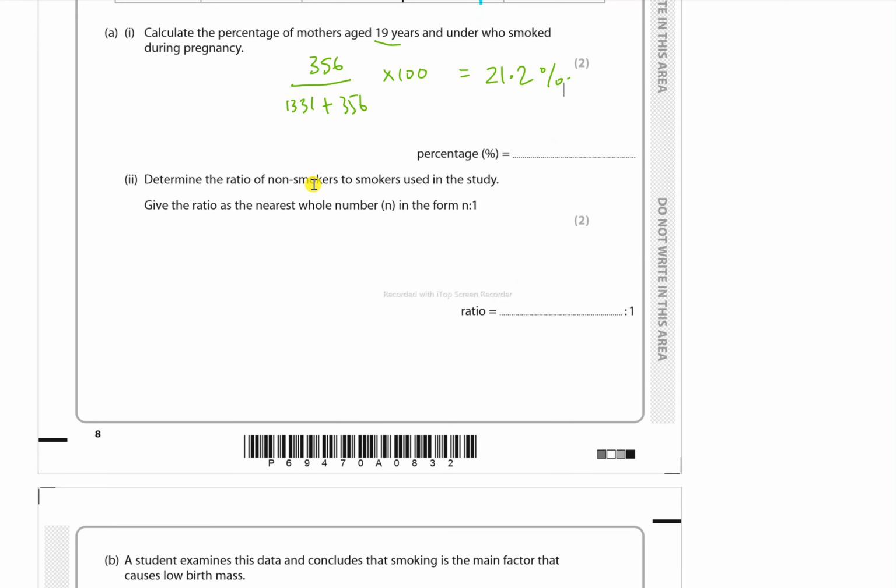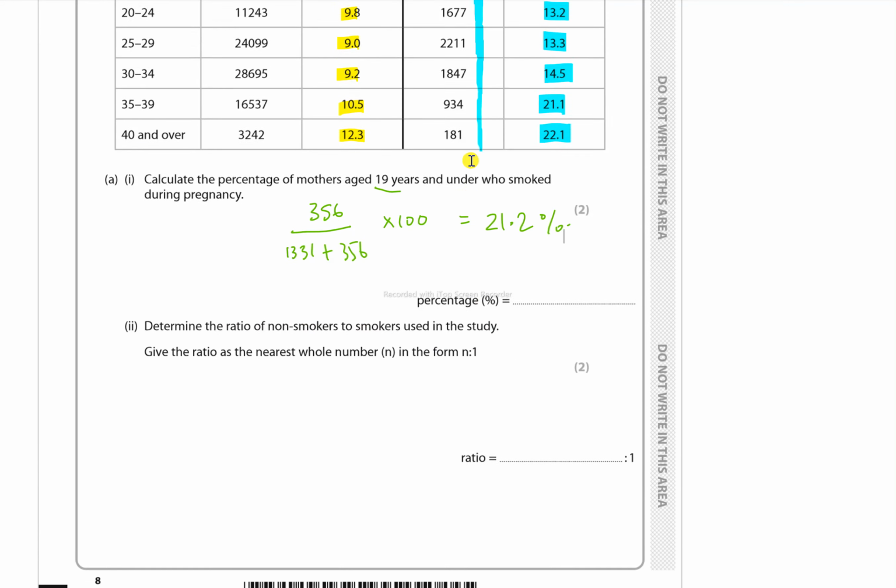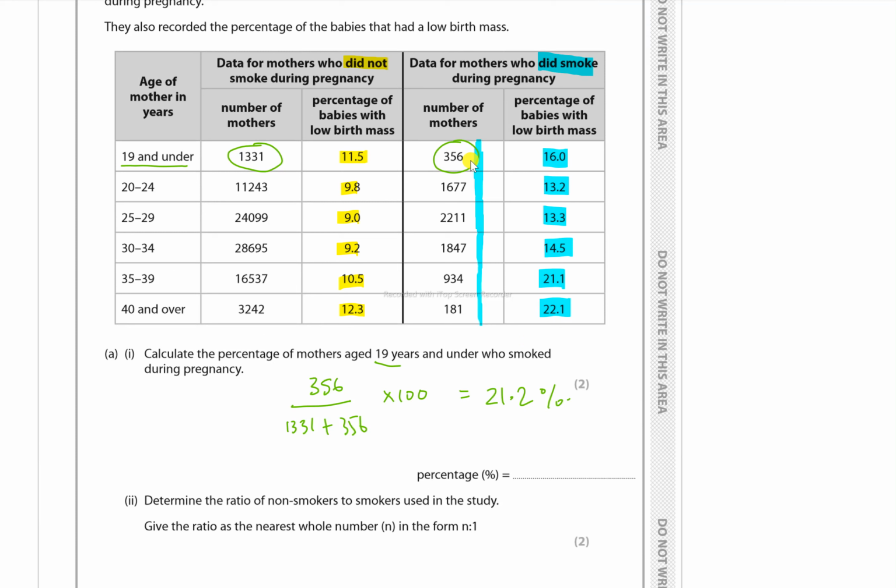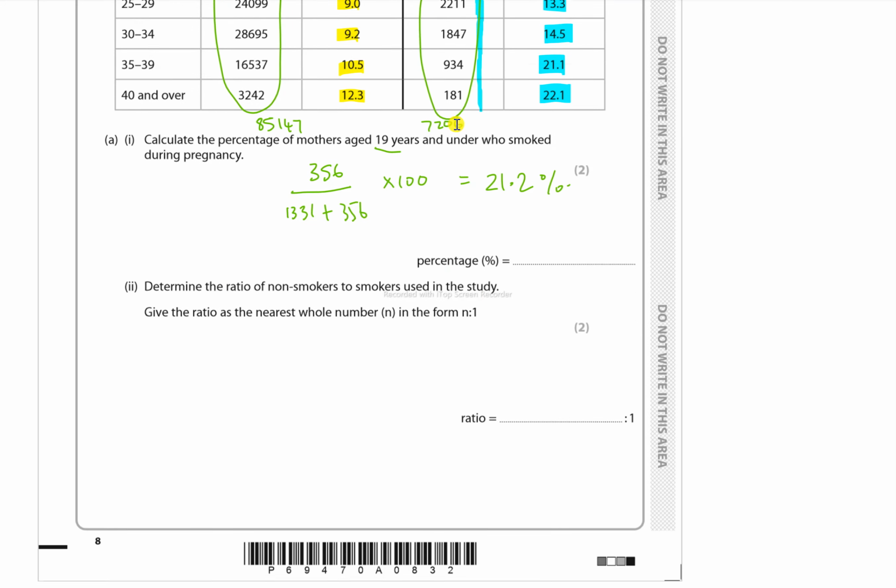Determine the ratio of non-smokers to smokers in the form n to 1. So what you do is non-smokers, add all them, smokers, add all them, and you get 85,147, 7,206.